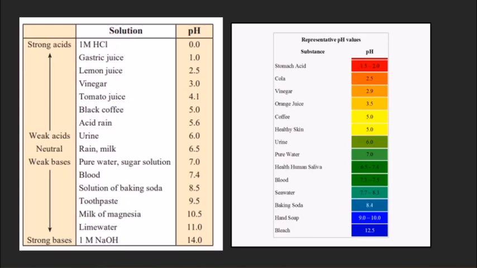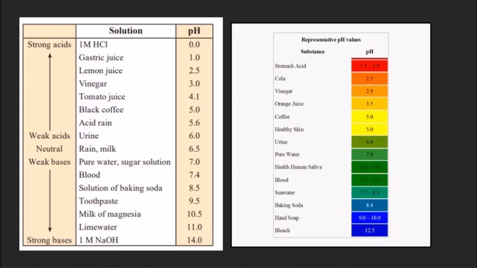The pH scale extends from 0 to 14, and according to the scale, pure water has pH 7, meaning that pure water has H+ ions at 1 into 10 raised to minus 7 mole per liter, and pH 7 indicates that it is neutral, which is why we can consume it easily.